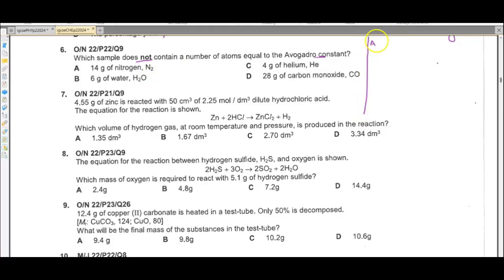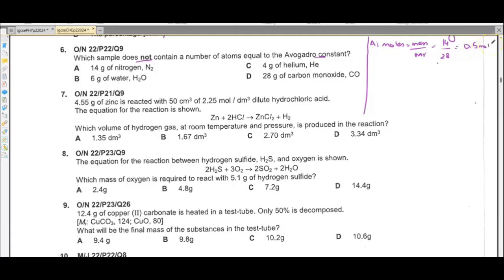The number of moles for option A would be: moles is equal to mass over Mr. The mass over here is 14 grams, and the Mr for nitrogen is 14, and 14 into 2 is 28. Mr for it is 28. So this is going to give us 0.5 moles.